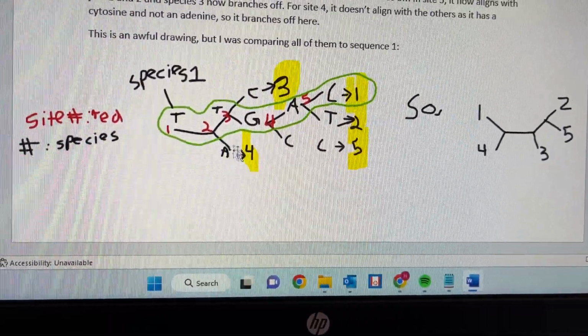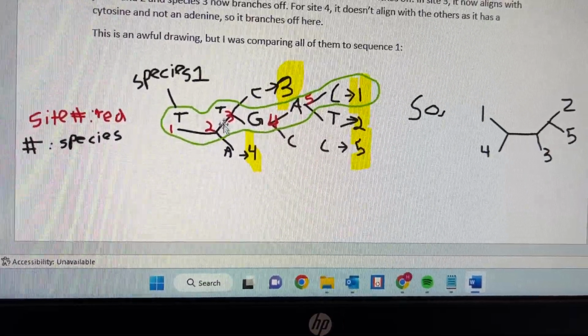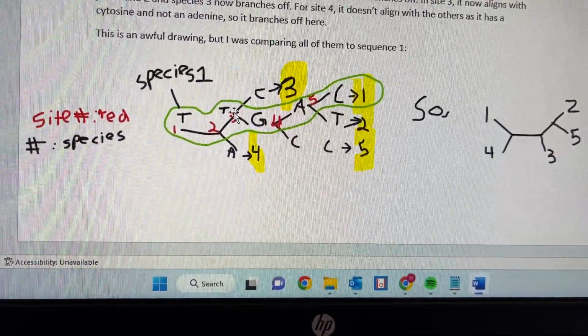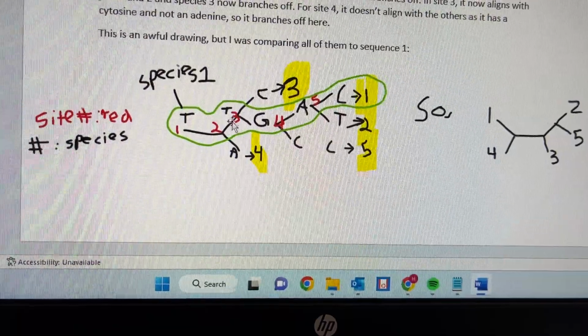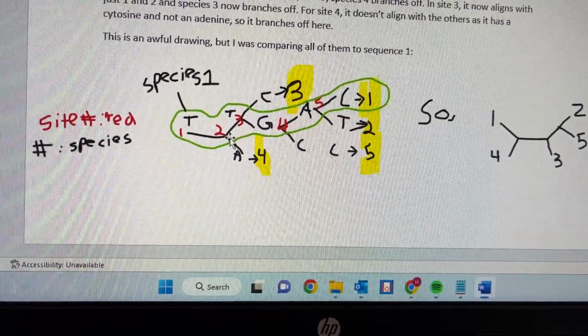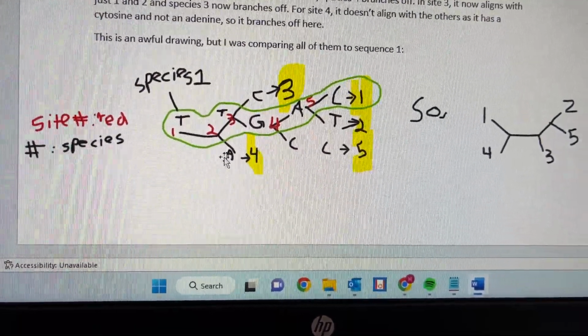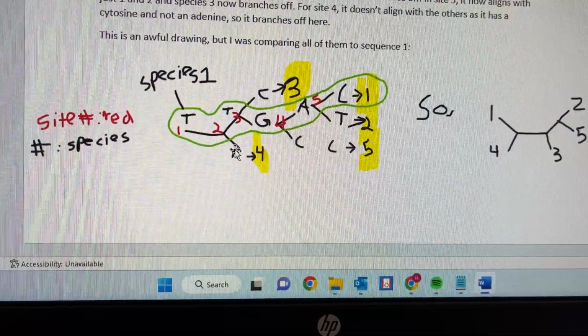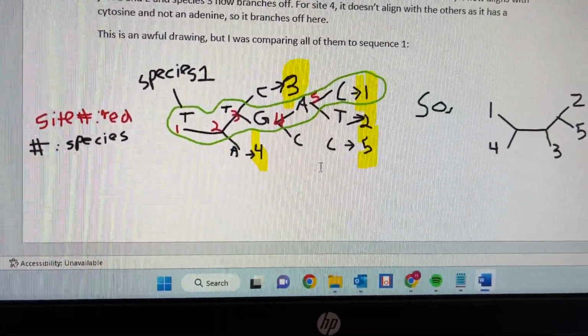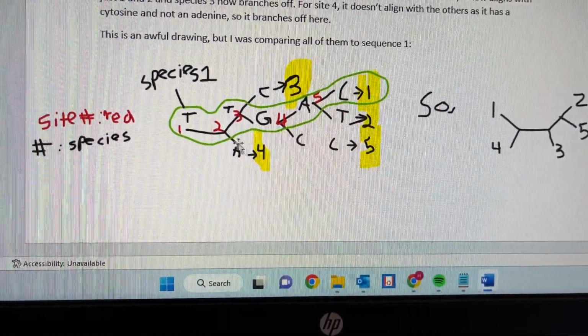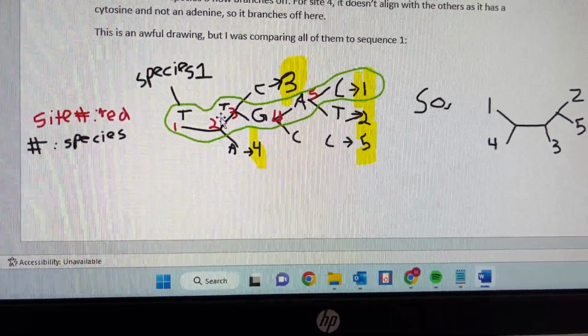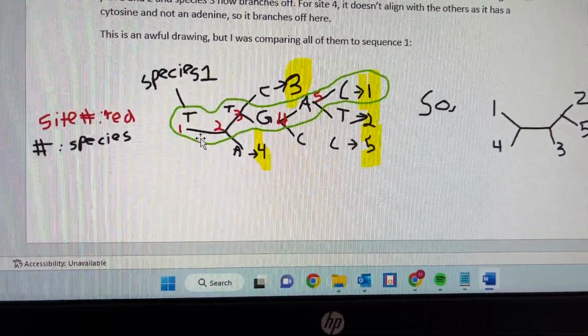So sequence 4 had an A on site 2. The others had a T on site 2. So at site 2, which I have in red here, T and A, that's the nodes I have. A is going to be sequence 4, and the others will branch off here.